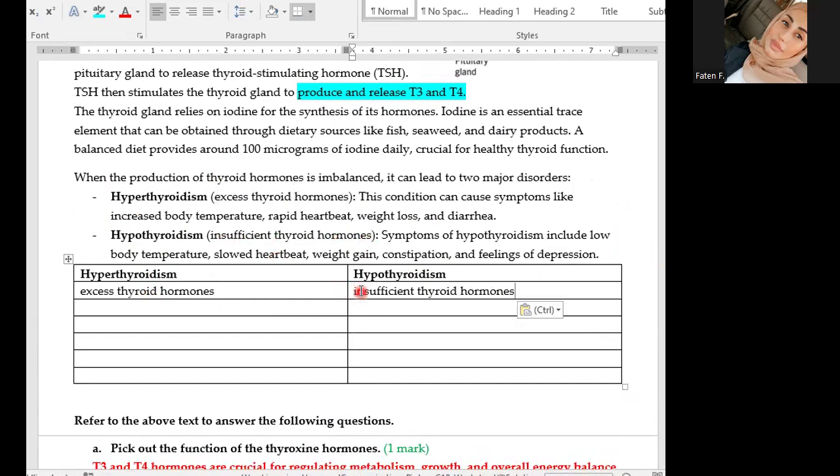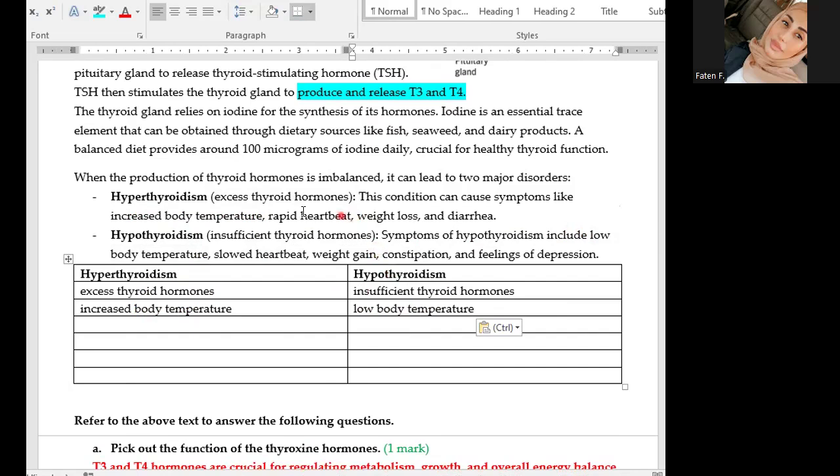of thyroid hormones. Okay? Hyperthyroidism causes symptoms like increased body temperature. Here I have increased body temperature because T3 and T4 raise the metabolism. But on the contrary, hypothyroidism includes low body temperature.